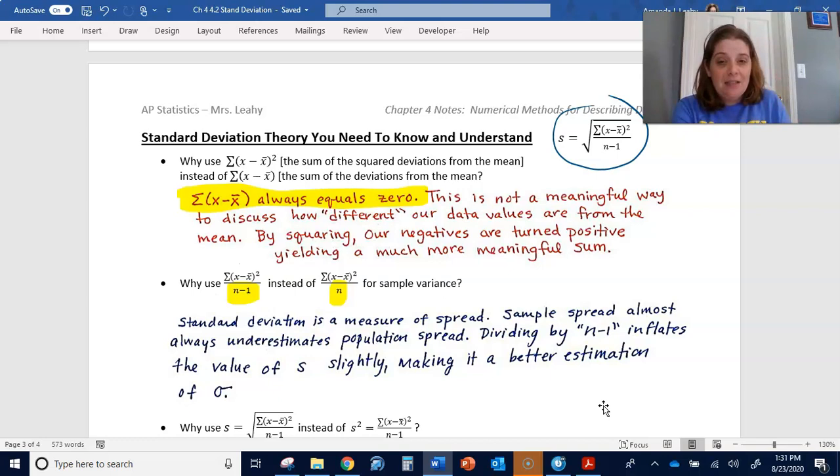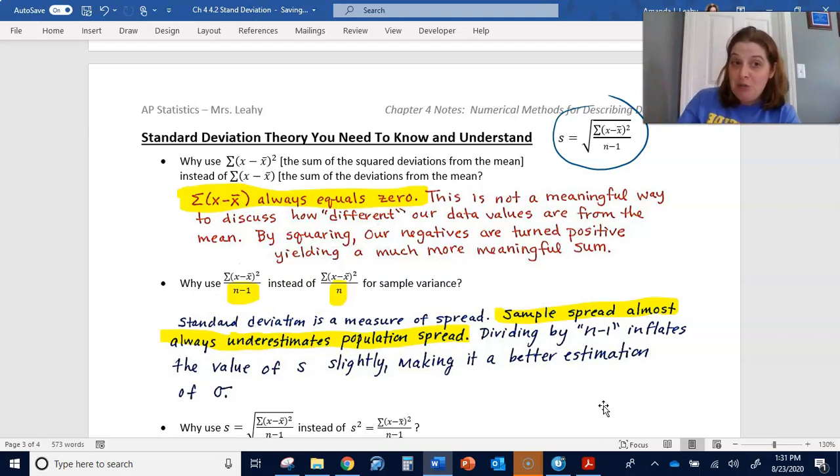And that's what this does. So we're anticipating that standard deviation, that's a measure of spread, almost always is going to underestimate population spread. The sample spread values almost always underestimate that.